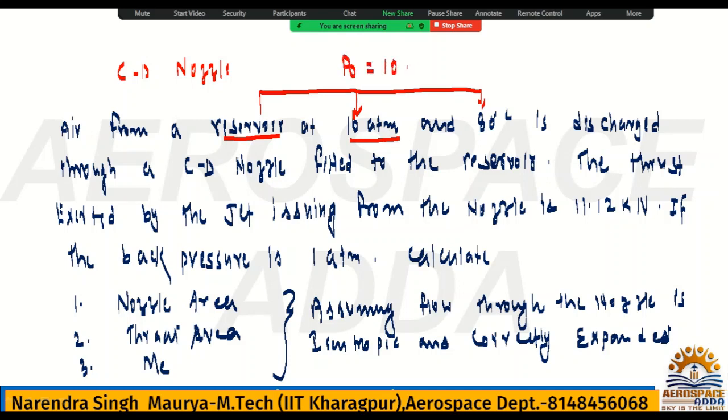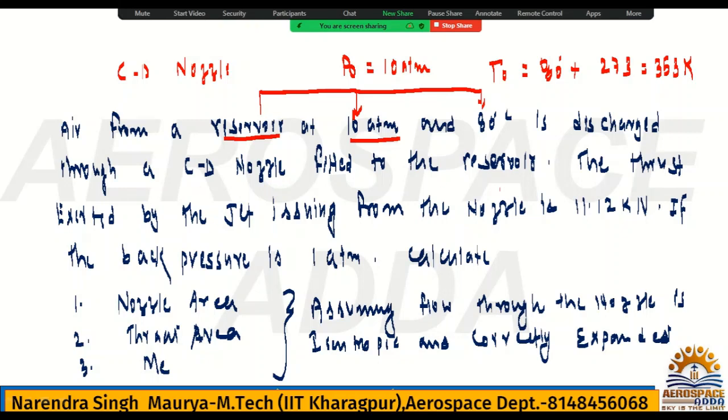I told you reservoir means the velocity of the fluid is assumed to be zero, hence all the quantities inside the reservoir are given as total quantities. So the temperature T naught is 80 degrees Celsius, converted into Kelvin, you get 353 Kelvin.